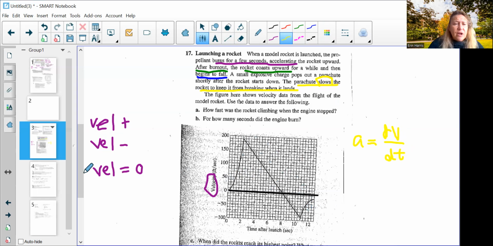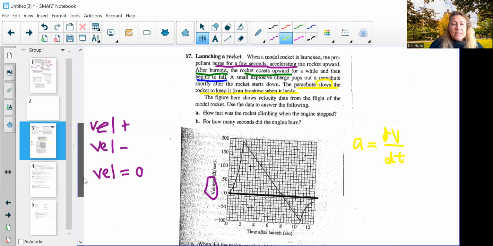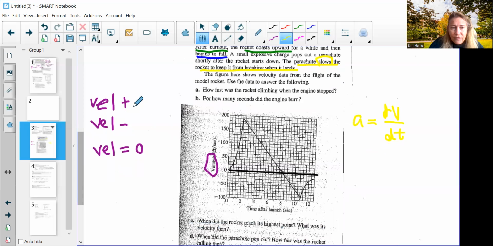But first of all, let's notice that the velocity is positive from 0 to 8 seconds. I added in, you guys don't have this, but I suggest you take a ruler and highlight here at velocity 0. Velocity is negative then from 8 seconds until the end of the problem at 12 seconds.